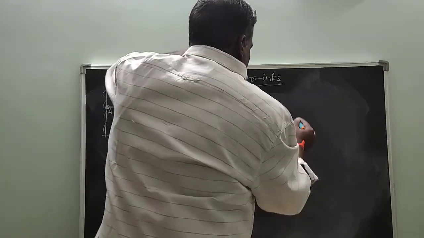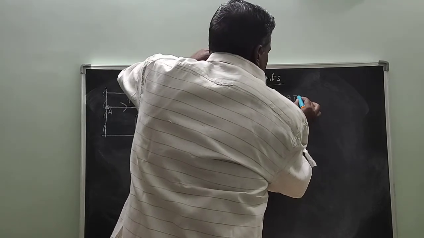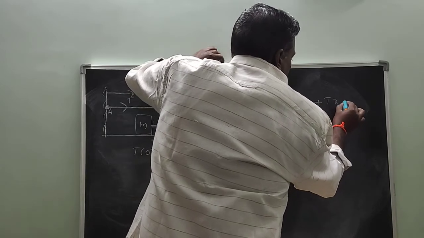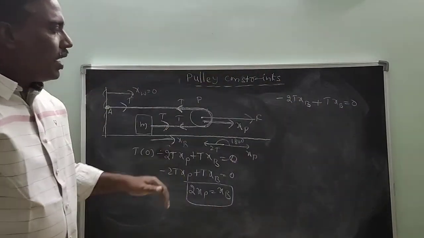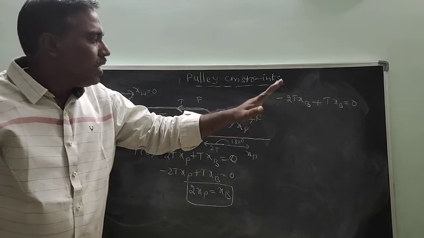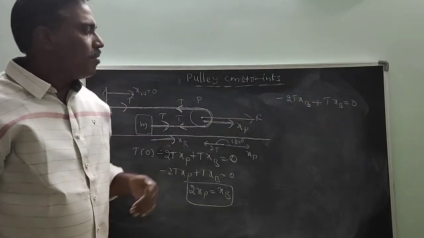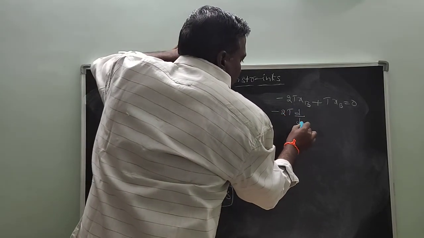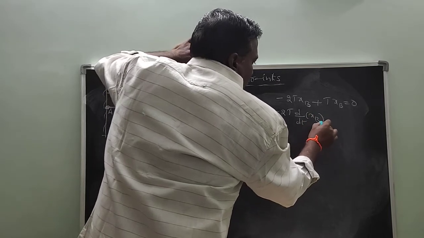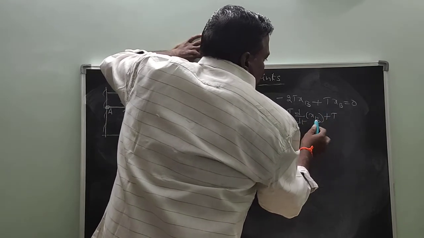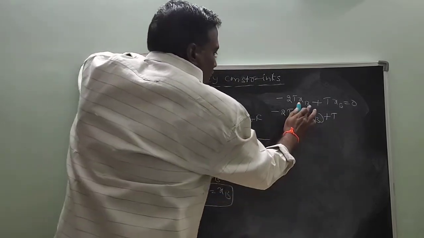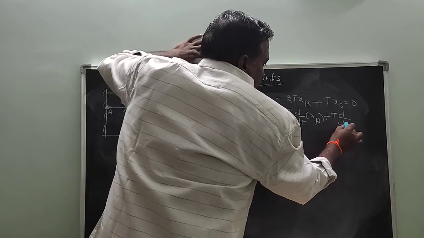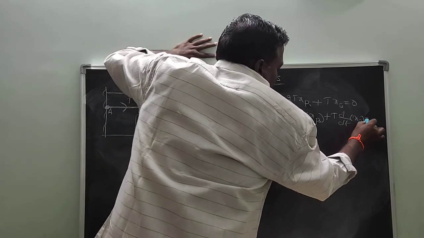Minus 2T into XP plus T into XB is equal to 0. Again here tensions are constant. Differentiating this equation with respect to time: minus 2T into d by dt of XP plus T into d by dt of XB is equal to 0.